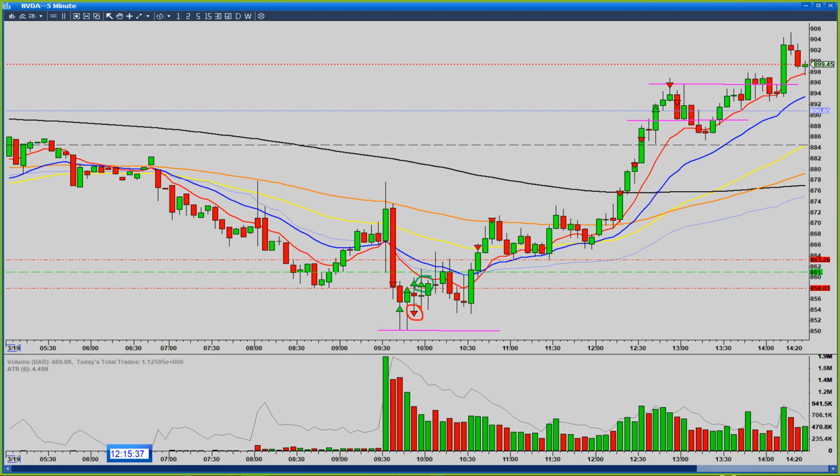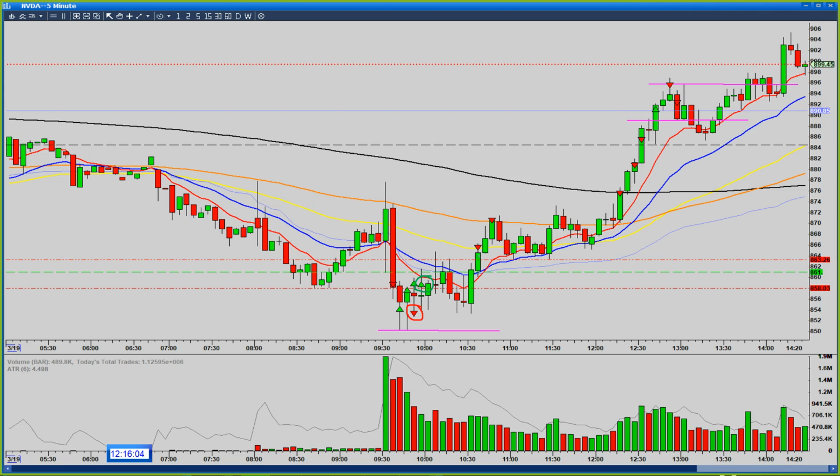There's still fight in this. The bulls are still fighting this. Even into, we pushed up, we pulled back. We were getting killed on this level. This was a 5-minute opening range high.